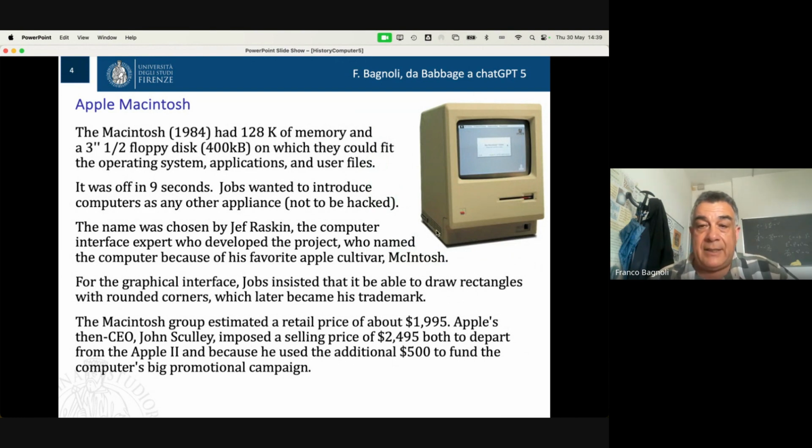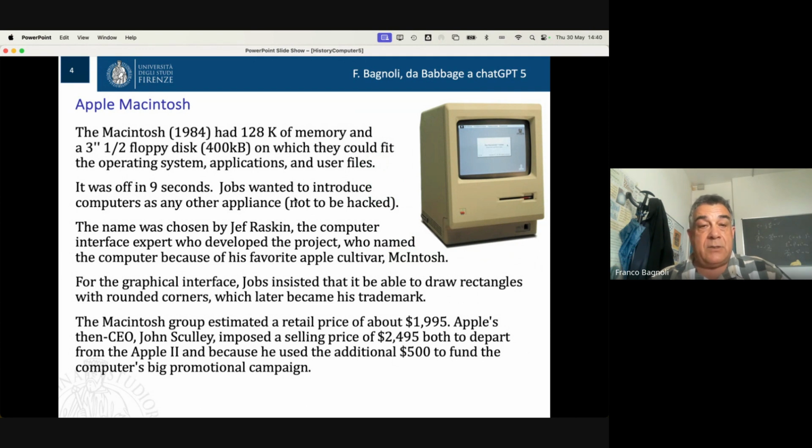Okay, so the Apple Macintosh was a real jewel because it was small, essentially this size, say 20 centimeters by 25 centimeters, with a 9-inch black and white screen and a mouse, clearly all closed without any possibility of expansion.